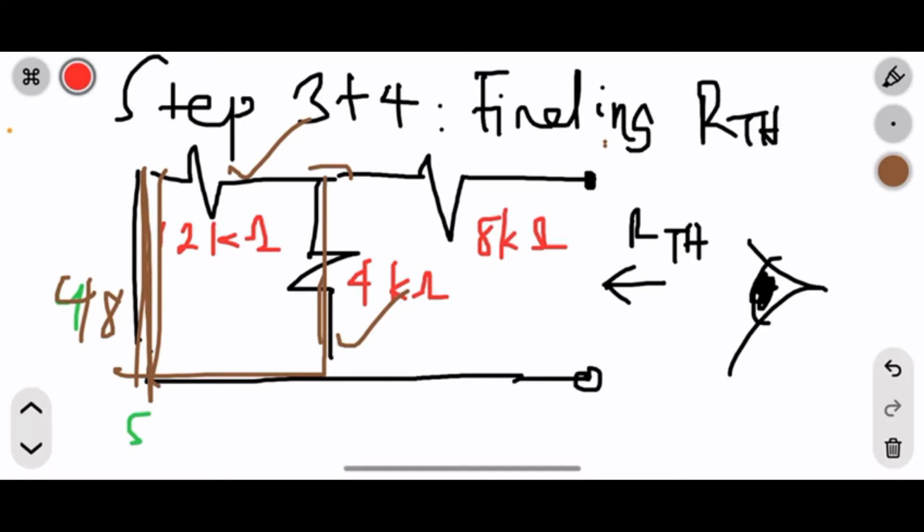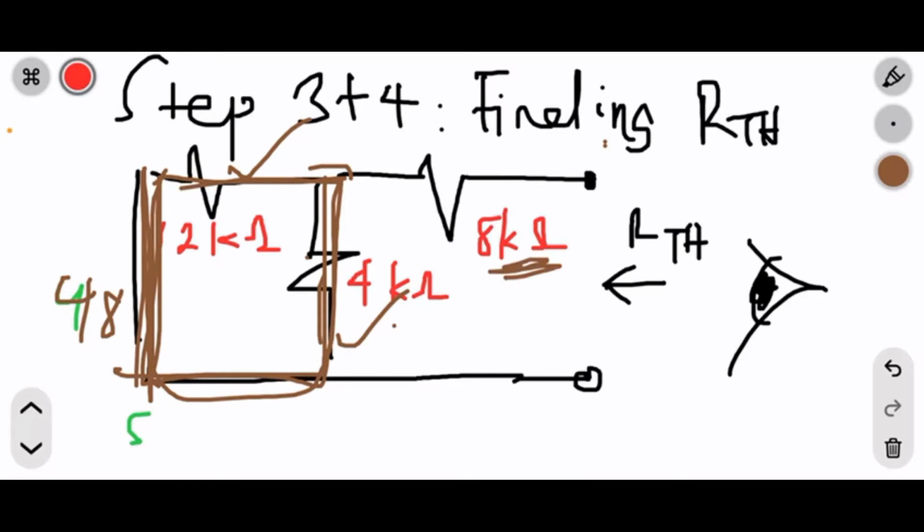So it means they are in parallel. And after that, their effective resistance will also be in series with the 8 kilo ohm.